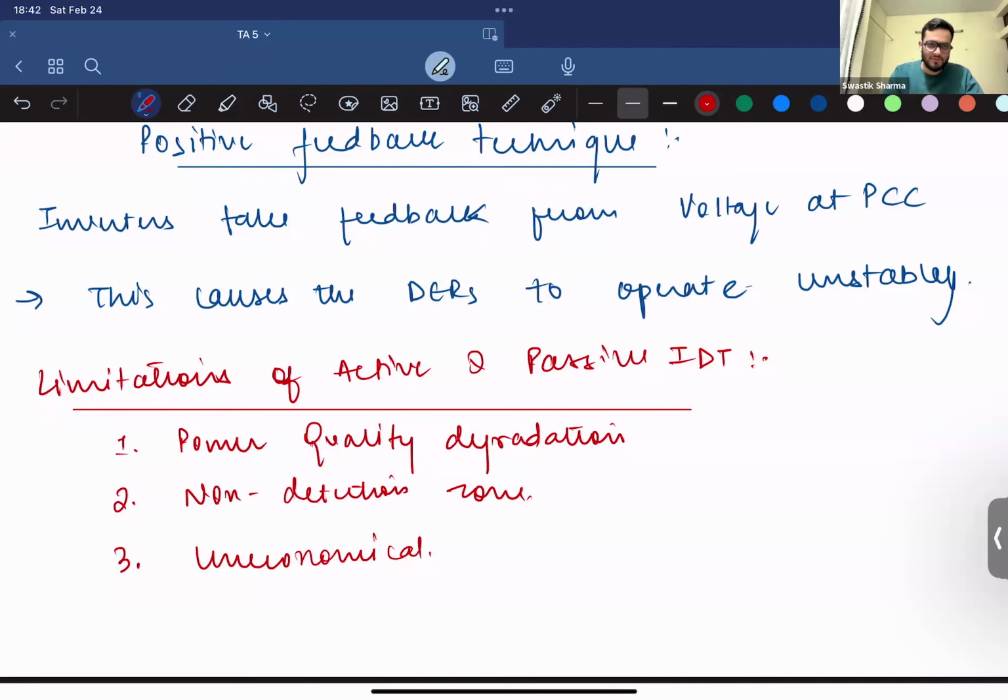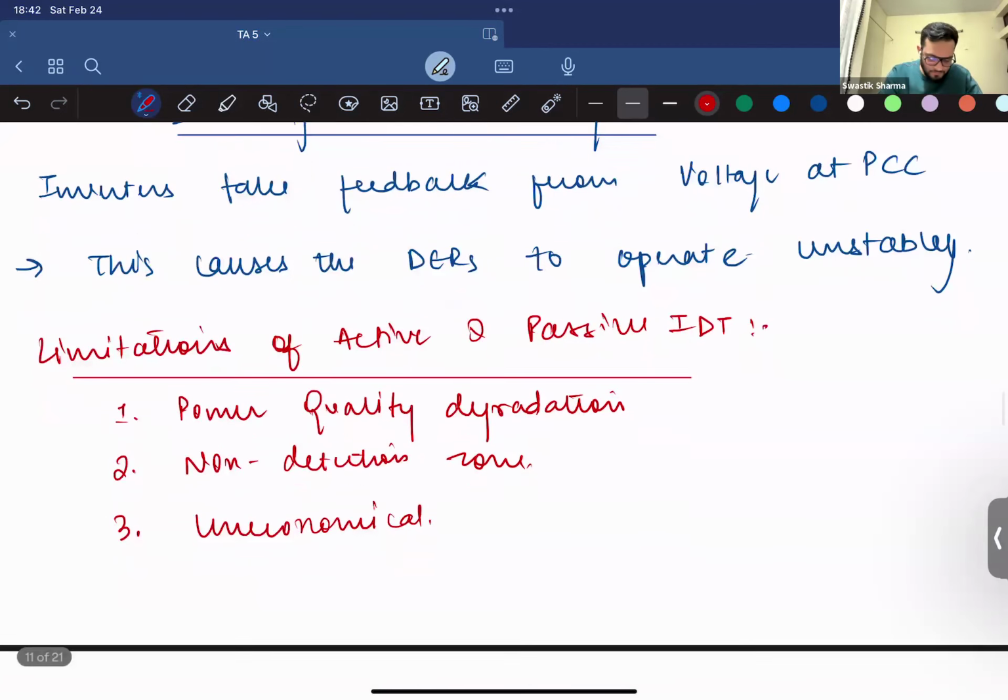These are costs to the operator. So because you're causing it to act unstably, and then you have to improve the power quality as well, it's uneconomical.